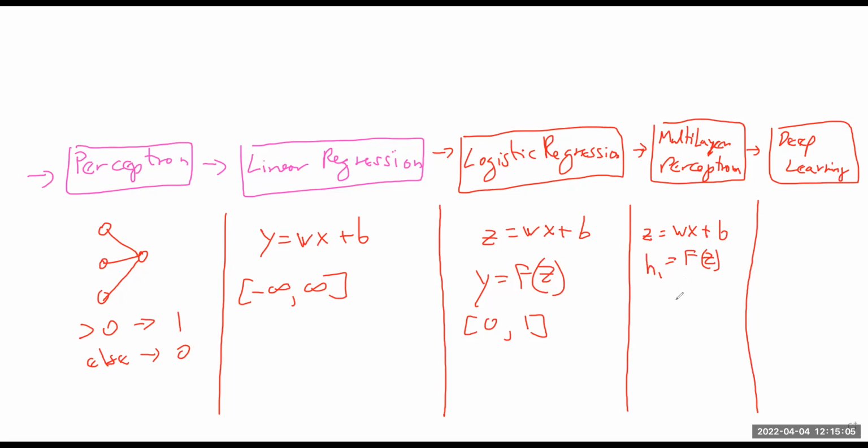Do you see that? And then instead of X now, another set of weights times H1 plus b equals, so this is now Z1, this is Z2. Does this make sense, guys? And then we just run this Z1, and then this Z2, F, and now it becomes Y. You guys understand? That's all, that's it.